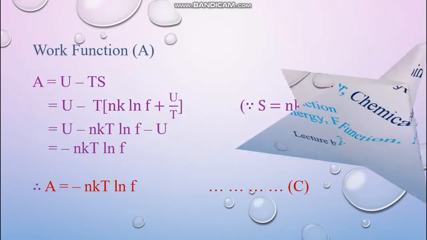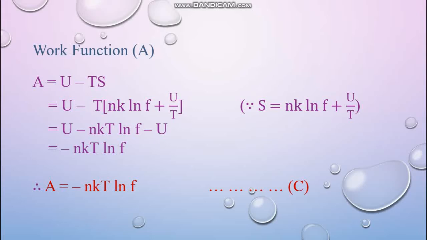We know the expression of work function from its definition, that it is A = U minus TS, and after deriving S and U in terms of F, it has become very easy to establish the relationships for the other thermodynamic terms. In place of S, or entropy, we can easily put this value, Nk ln F plus U by T, from equation B from the previous lecture.